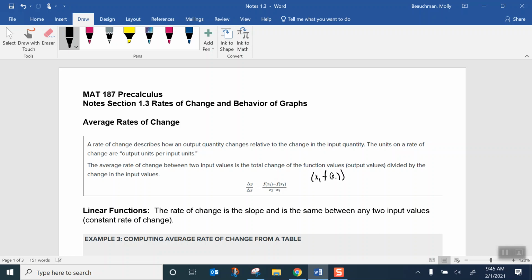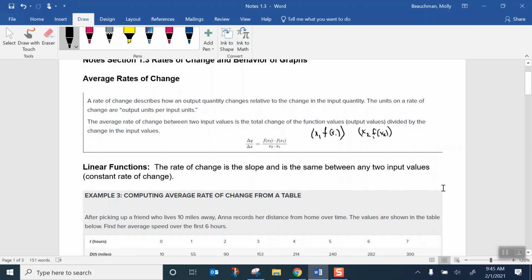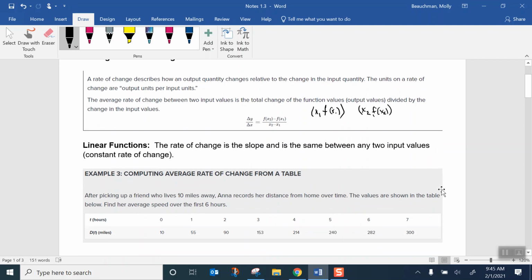Remember, if it's a function, f of x notation replaces y. Your second point is x2, f of x2. Then the slope between those 2 points, or the average rate of change, is the difference in y-coordinates, in this case f of x2 minus f of x1, over the change in x-coordinates, x2 minus x1. And a reminder, when we label the units, it's the output per input.